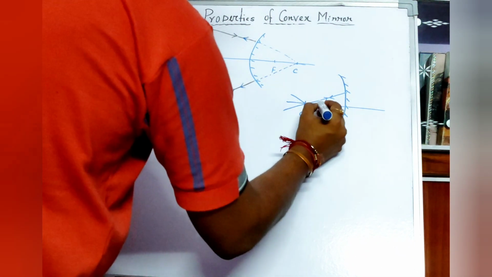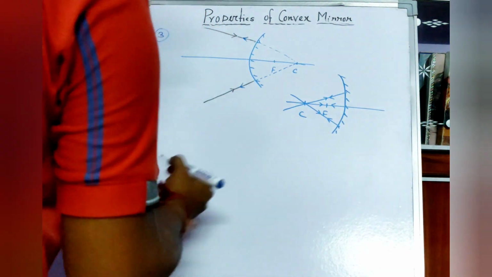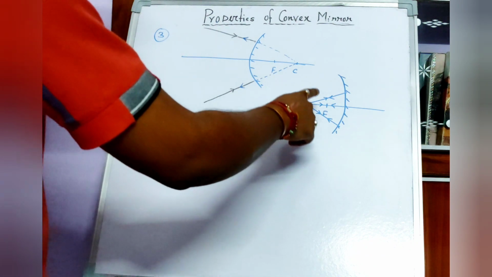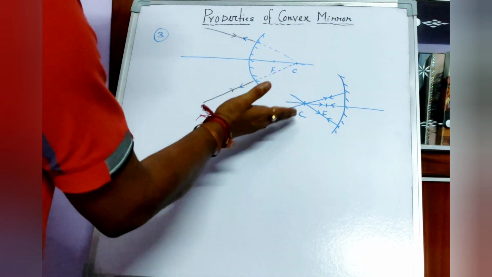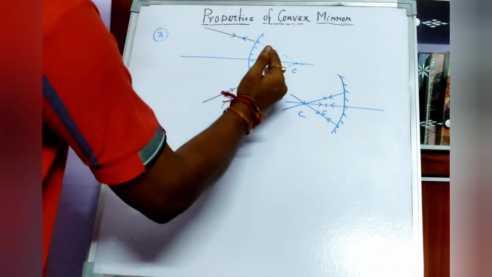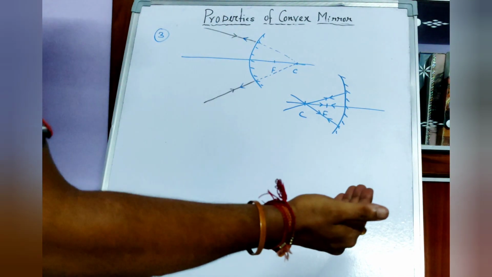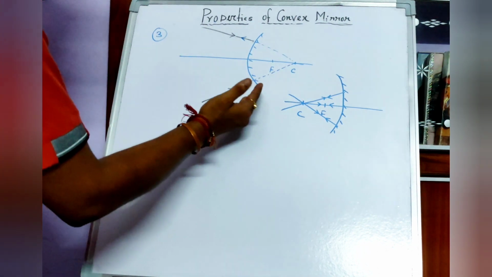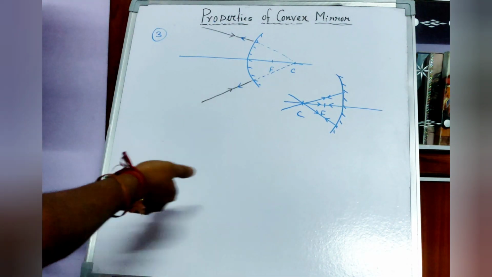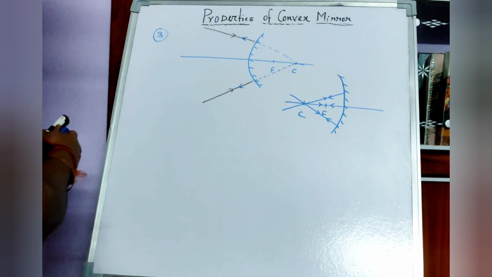So anything passing through the center of curvature will be bounced back through the same path. Here in case of a concave mirror the center of curvature is on the left side, so that's why light can pass through it, but here light cannot pass through it because the center of curvature is on the right side. So as it is on the right side, that means light can go towards the center of curvature and that will be bounced back through the same path, right? So this is the third property.